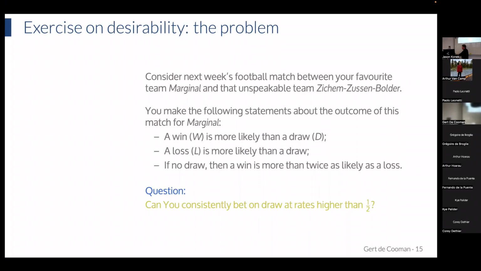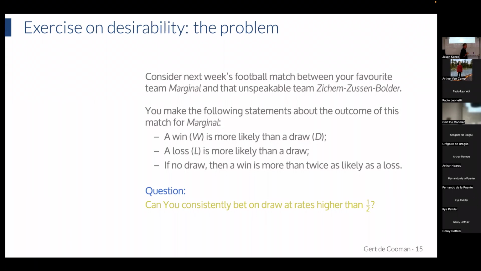Sorry, let me make it. The original gamble without conditioning is: win is more than twice as likely, so I win minus twice the indicator of loss.